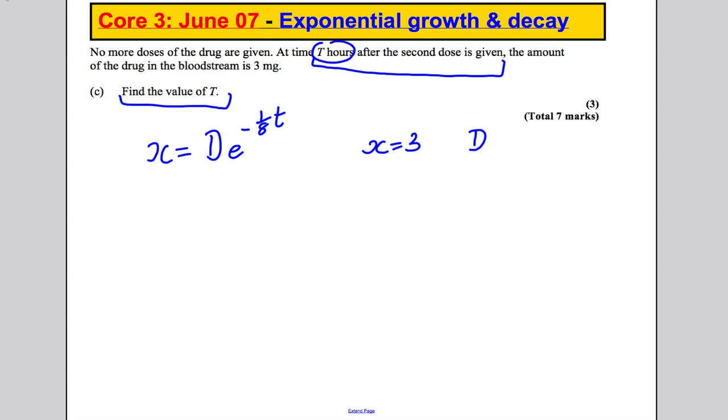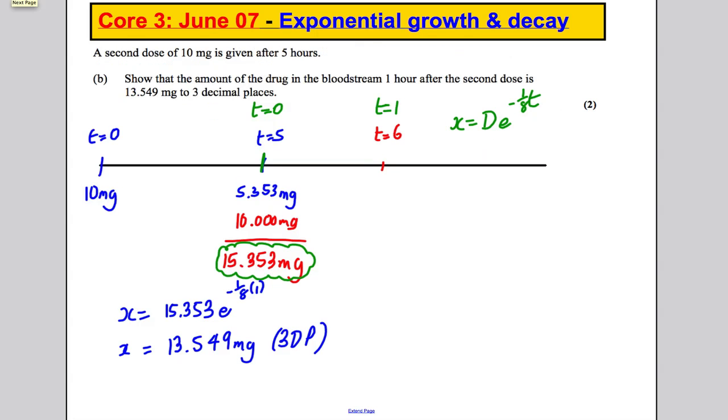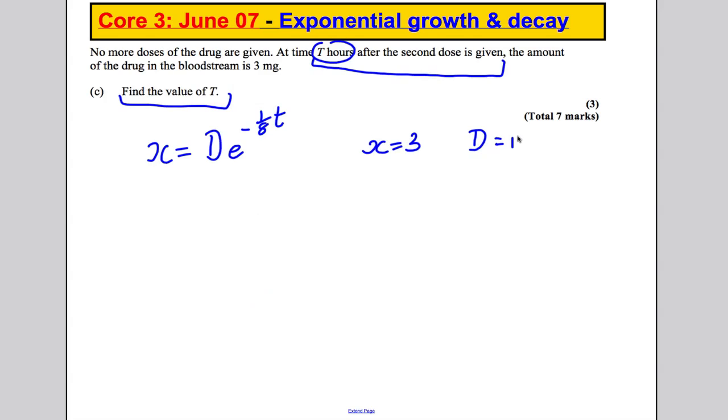We know the initial dose put in was, like before, 15.353, and we're asked to work out t. So we can substitute in: 3 is equal to 15.353 e to the minus an eighth capital T. T is this magical time where the amount of drug in the bloodstream is 3 milligrams.